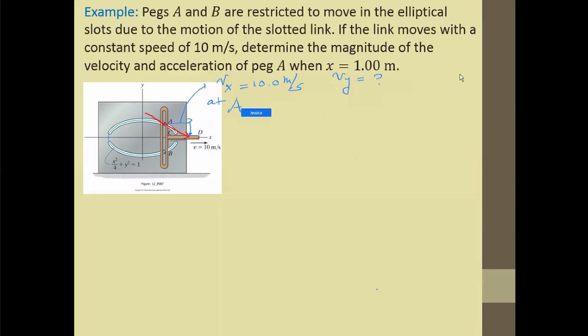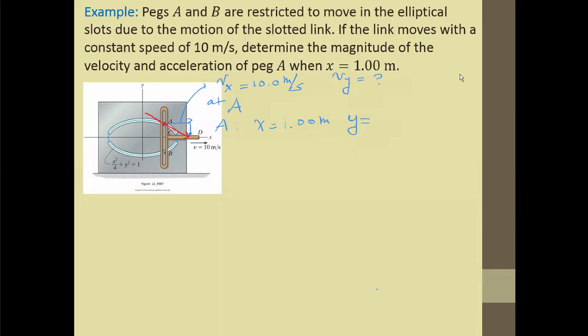An equation for this ellipse is given: x squared over 4 plus y squared equals 1. And peg A is at x equals 1 meter. When x equals 1, we plug 1 into x, we solve for y, then we have positive and negative. Positive is for the upper ellipse, whereas negative is for the lower ellipse.